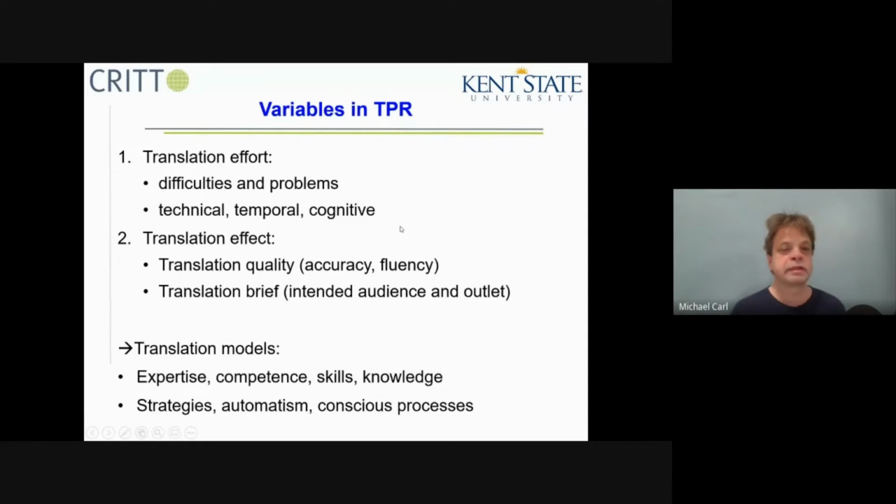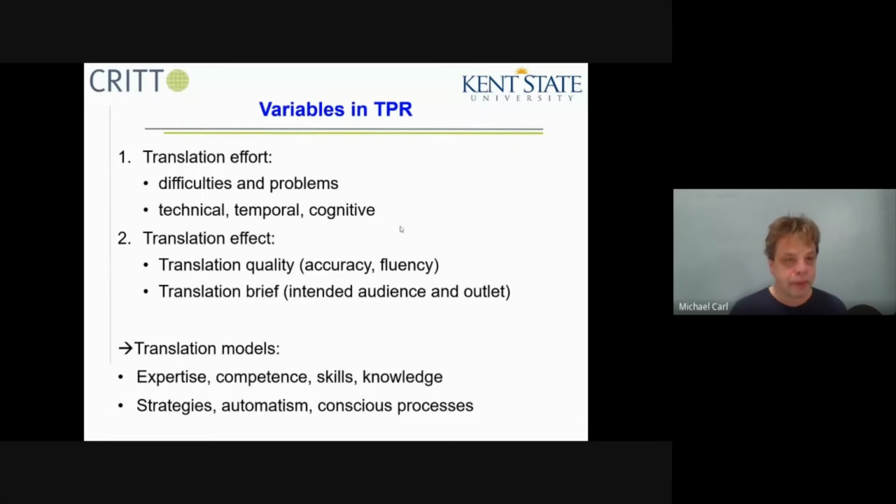Then often a distinction is made between three types of effort: technical, temporal, and cognitive effort. Technical effort is the effort exerted by a translator to produce the text. So it means basically keystrokes, mouse movements, deletions, insertions, so technical stuff using the fingers basically.